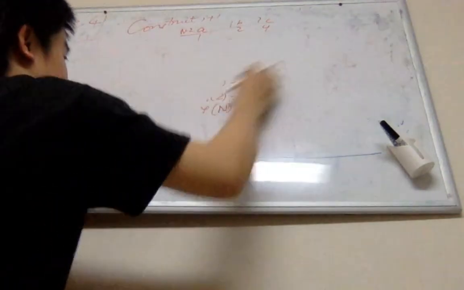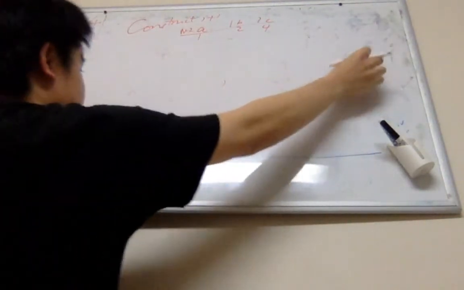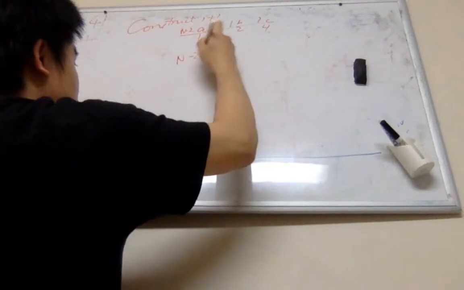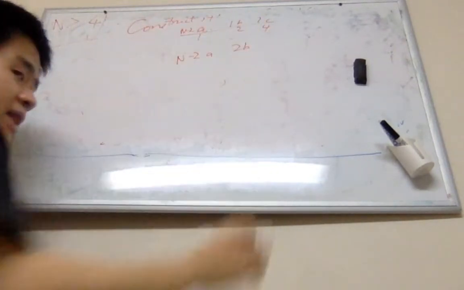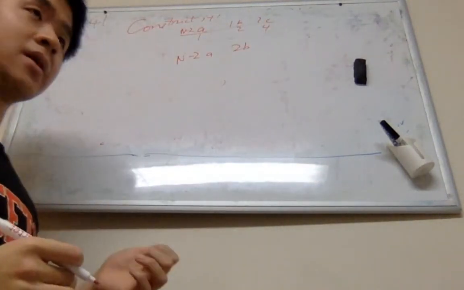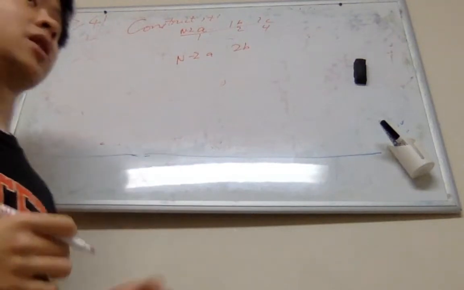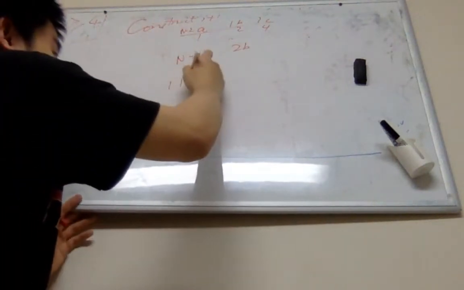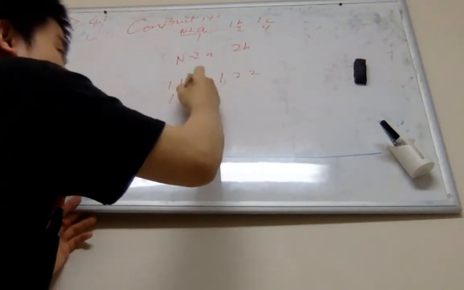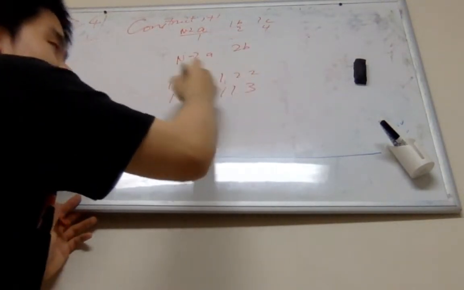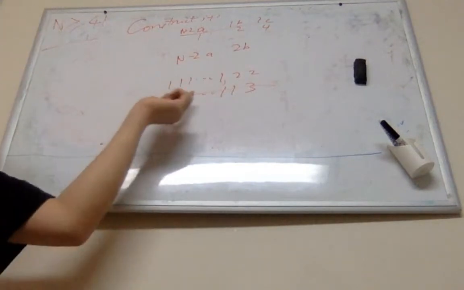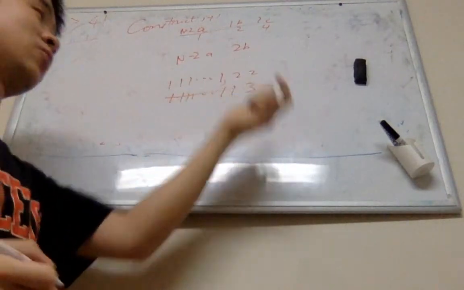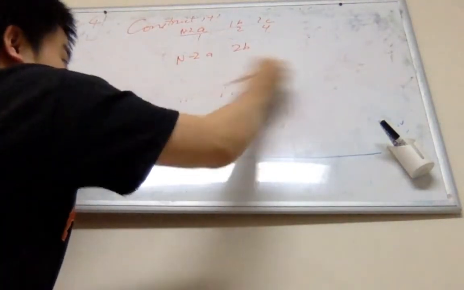But how about the case where you have n minus 2 times A, and then the last two are the same, which is B? This is essential because when you have n plus 2, the only way you can go is 1, 1, 1, 1, and then 2, 2, or 1, 1, 1, and 1 and 3. But we have shown that this wouldn't work because you have n minus 1 truth and 1 lie.